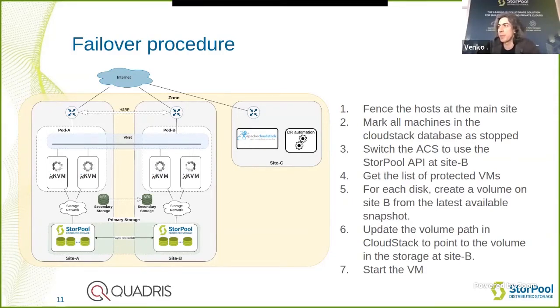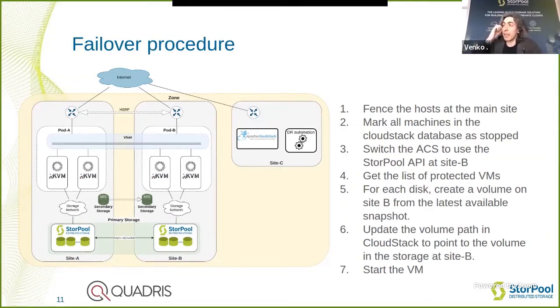So for this reason, the first step is to fence the hosts in the main site. There are different approaches for this. Either stop the network, or the preferred one is just to restart all the KVM hosts there. So if there are any hosts remaining, there will be no virtual machines running on them.